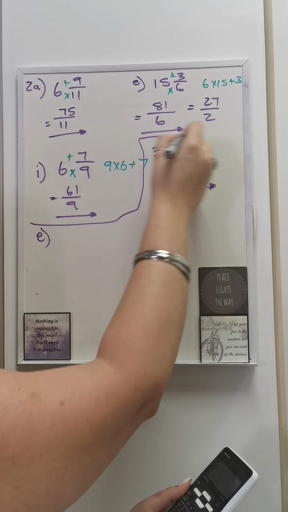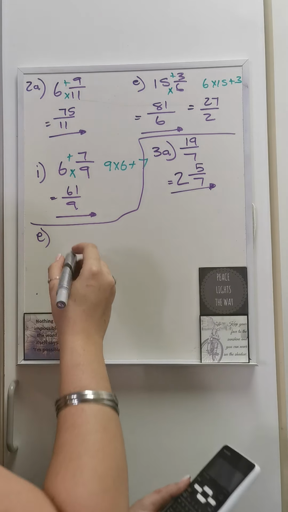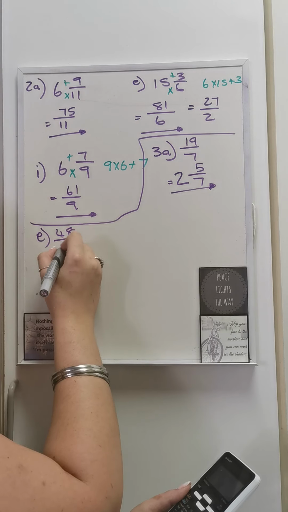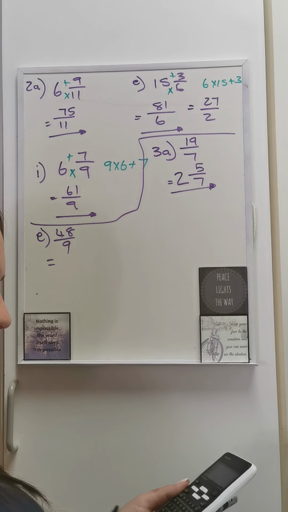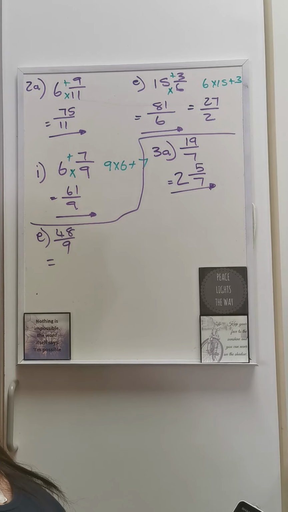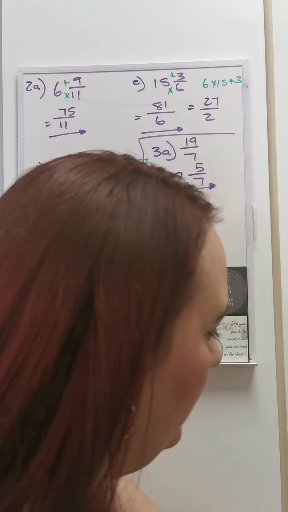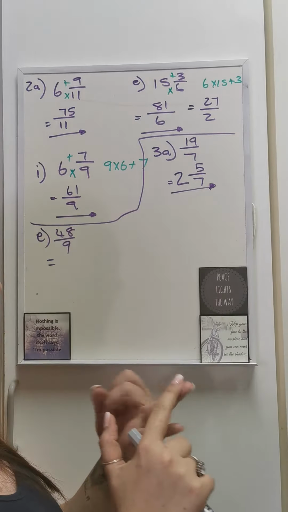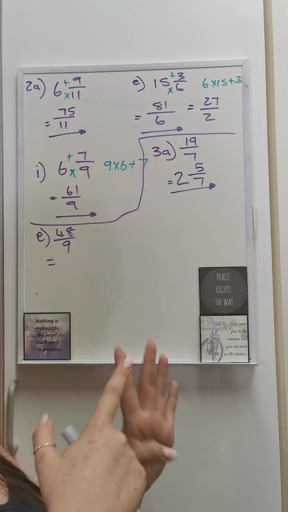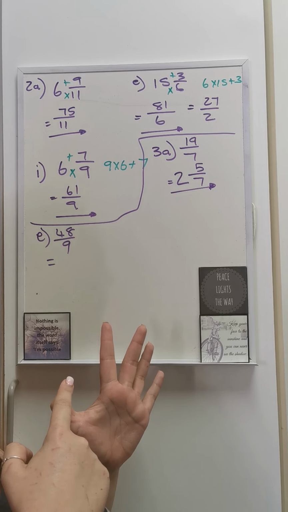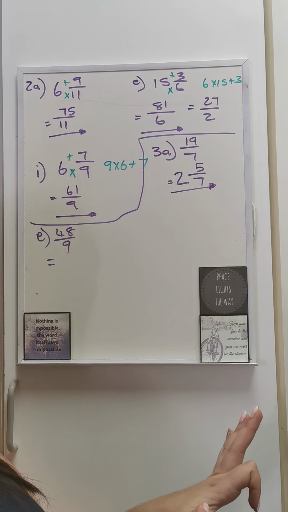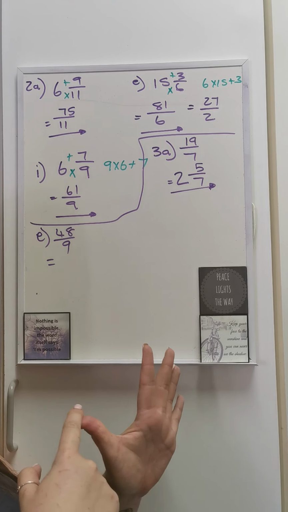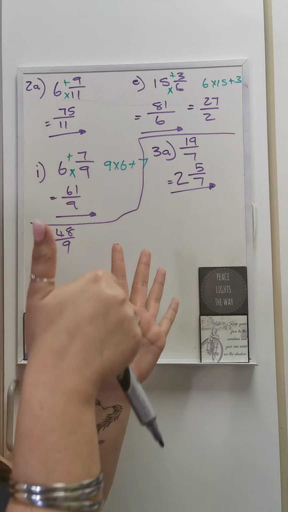Number E of number 3 is 48 over 9. If you look at 48 over 9, how many times does 9 go into 48? It will be 9, 18, 27, 36, 45, 54.